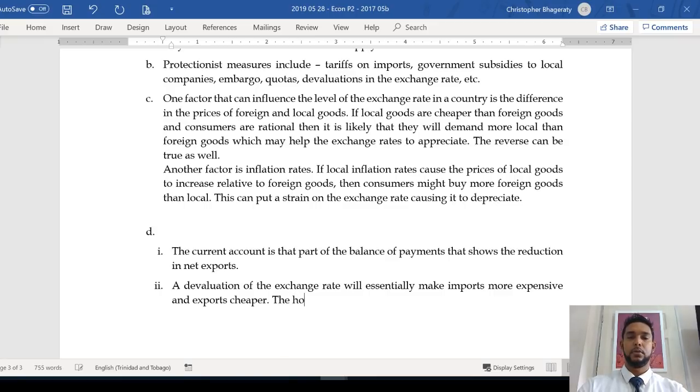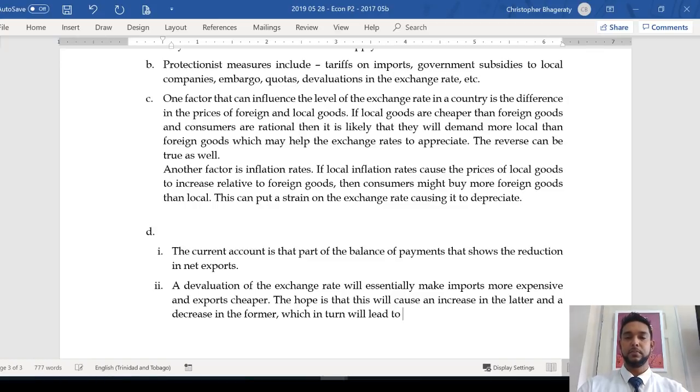The hope is that this will cause an increase in the latter, which is exports, and a decrease in the former, which in turn will lead to an increase in the inflow of foreign exchange and a decrease in the outflow of same.